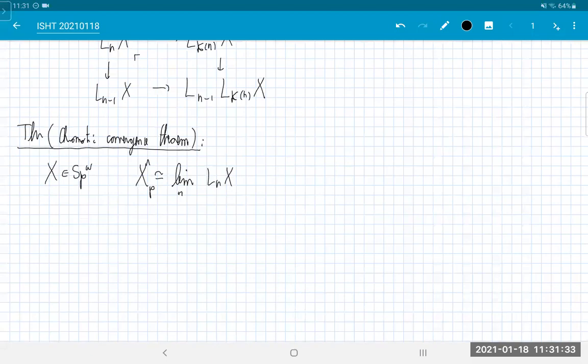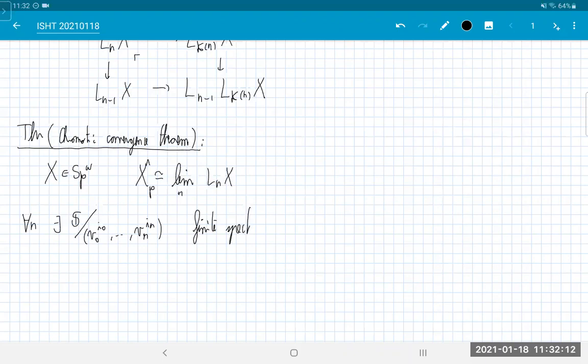And what else do I want to say? I want to say where these Vi's show up and what the telescope conjecture has to do with it. So it turns out that for every n there exists, so I'm going to describe an inductive procedure, something that's called S mod (V0 to the i0, ..., Vn to the in), which is just a finite spectrum.